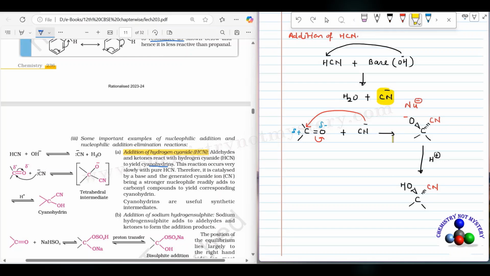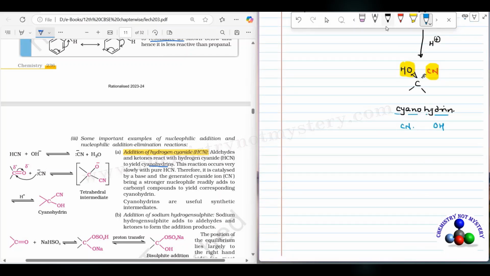So in this product, cyanide and hydroxyl, both the groups are there. That's why it is called cyanohydrin. Hydrin stands for OH and cyano is for CN. So the name of this product is cyanohydrin.